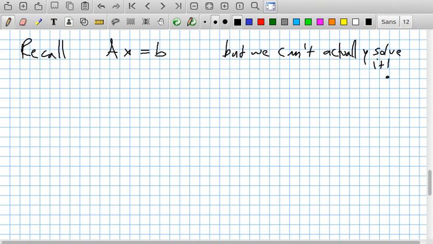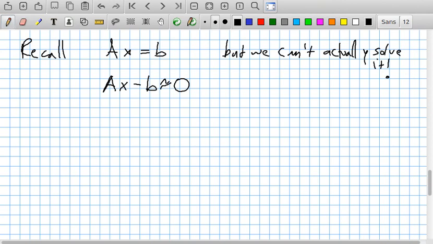Okay, so what would be another way to look at this? Well, this is supposed to be the same thing as Ax minus b is equal to 0. But suppose really it never was really equal to 0, so we really want it to be close to 0. So instead of being equal to 0, we want this to be approximately 0.